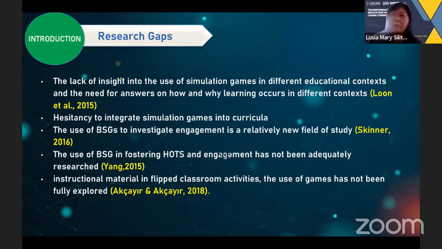So I have experience of using this simulation game. It's very effective, so I would be very happy to share. And then we can use it for the English classroom. This is very easy. We focus not on the business, but on the English process of learning.